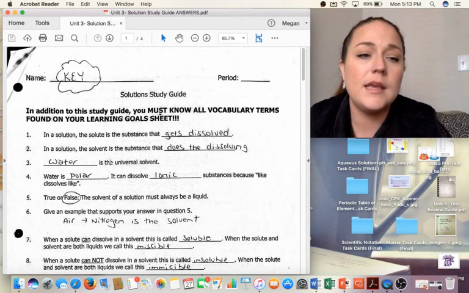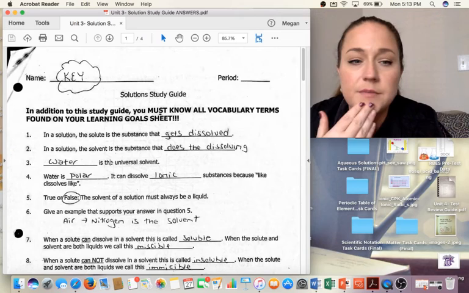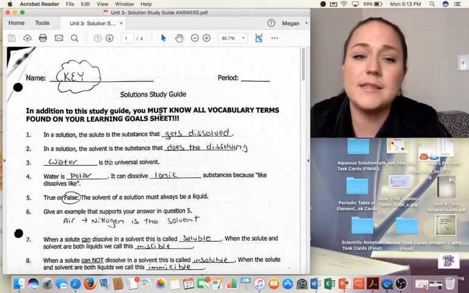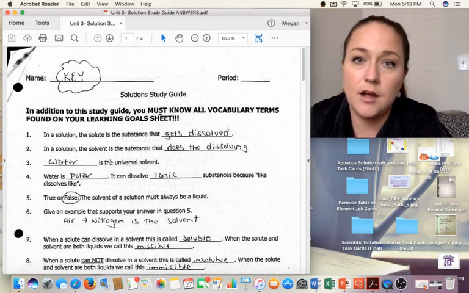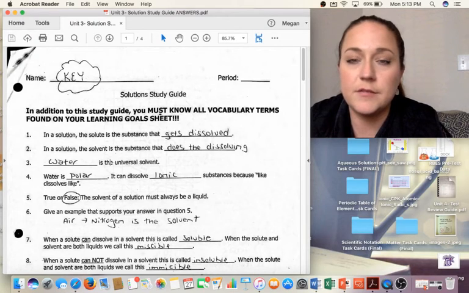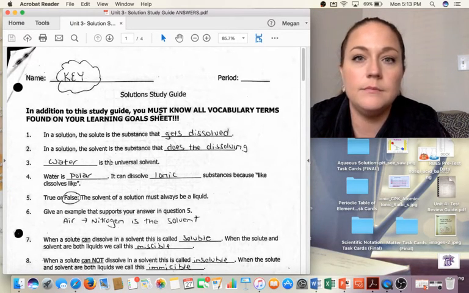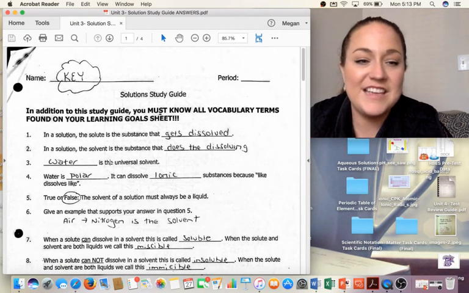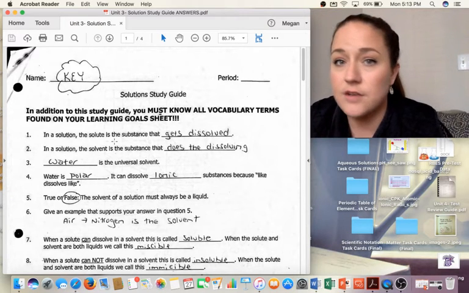So in number one, in a solution, the solute is the substance that gets dissolved. Again, examples of solutes that we've talked about in class: sugar, salt, different ones like that. In a solution, the solvent is the substance that does the dissolving.